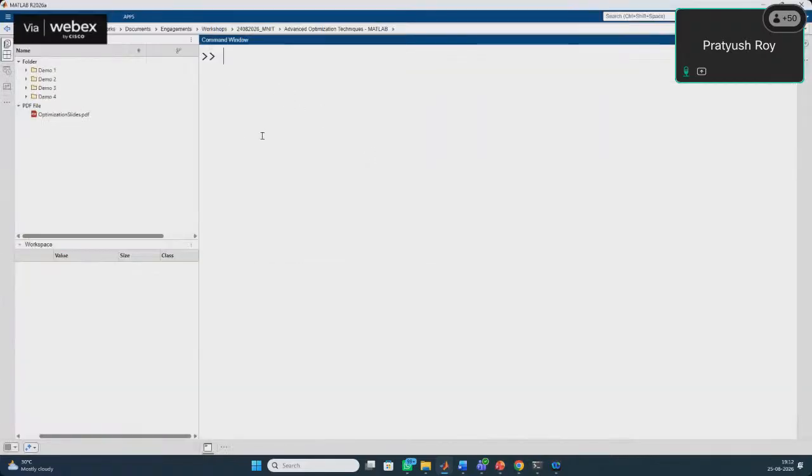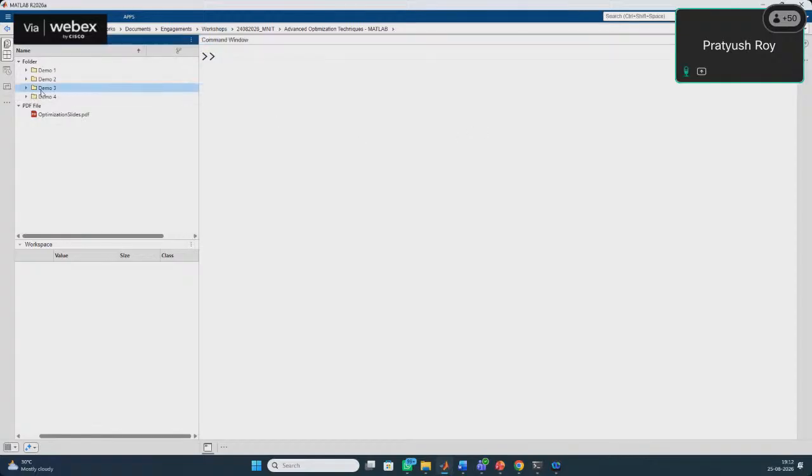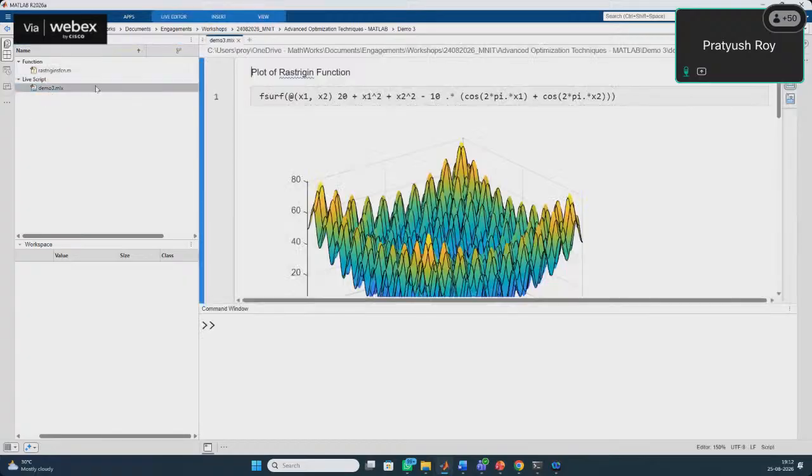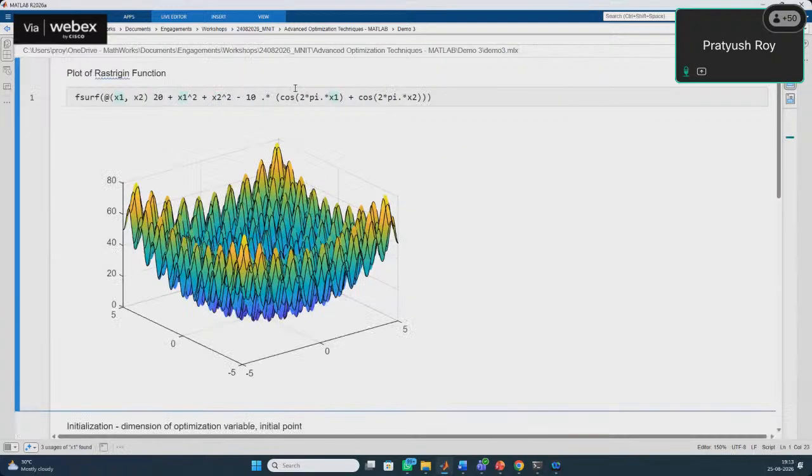All these files are there with you, I believe. I shared the link yesterday. So under demo 3, we will try to solve the same problem which we solved yesterday using the genetic algorithm. Today we are trying to solve it using another approach, called particle swarm optimization.